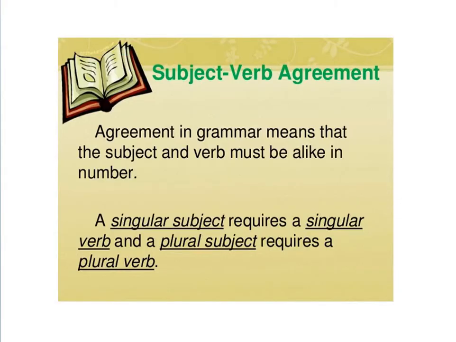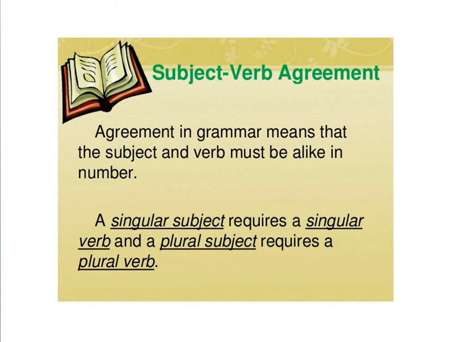Agreement in grammar means that the subject and verb must be alike in number. It's not that we have a plural subject and we write a singular verb. No, the subject and verb must be in accordance with each other. Thus, if the subject is singular, then the verb we write must be singular, and if the subject is plural, then the verb we write must be plural.